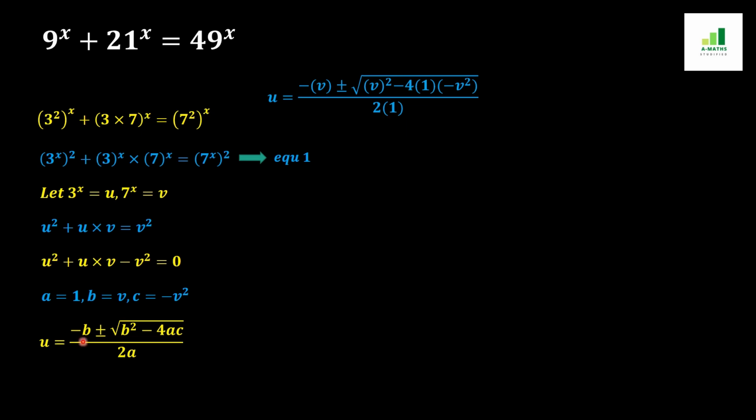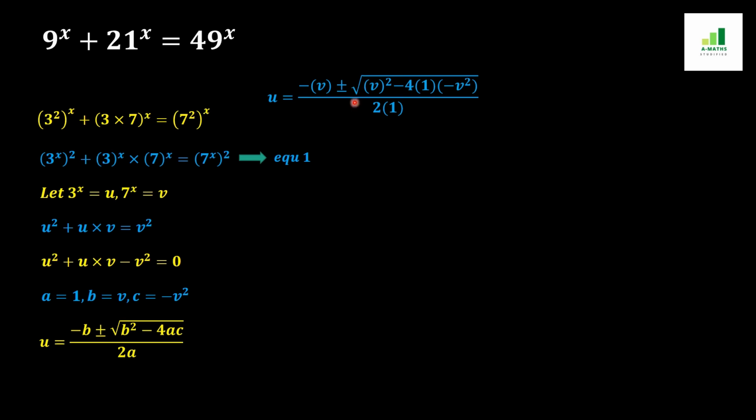This b is replaced with v, again this b is replaced with v, minus 4 remains the same, this a is replaced with 1, and this c is replaced with minus v square.